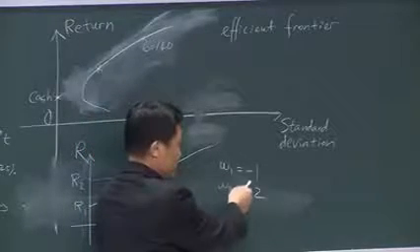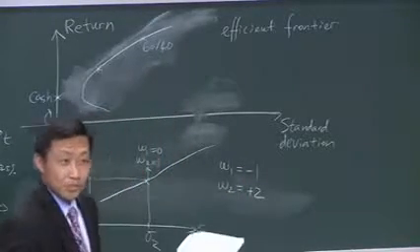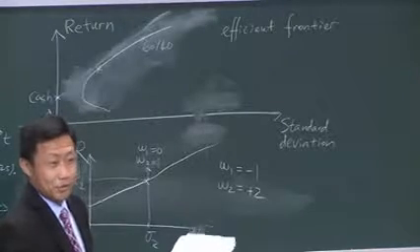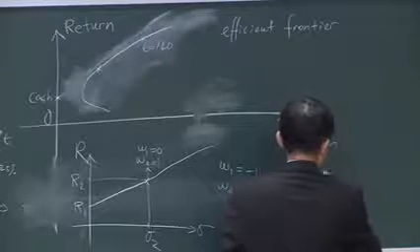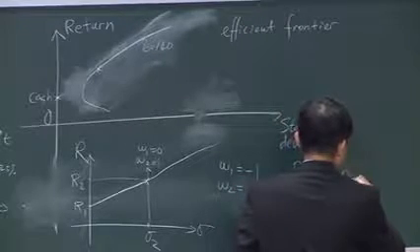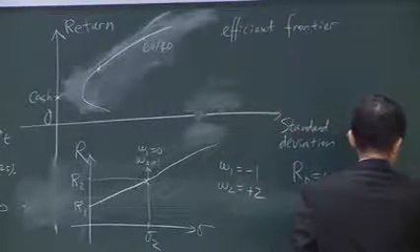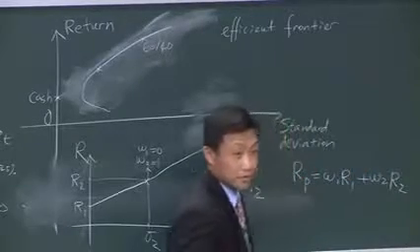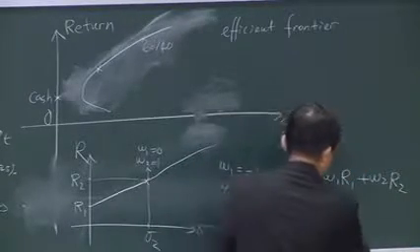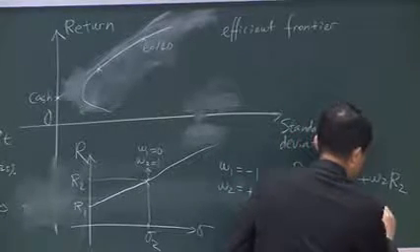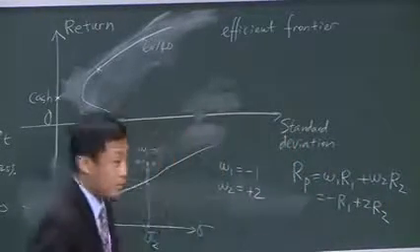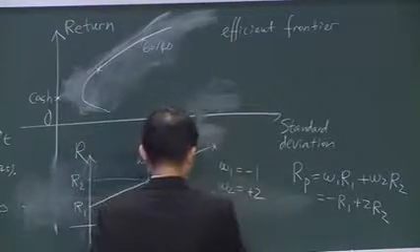So you have plus 2, minus 1. What does the return look like when you do this? So RP equal to W1 R1 plus W2 R2. So minus R1 plus 2R2. That's your return. It's this point here.